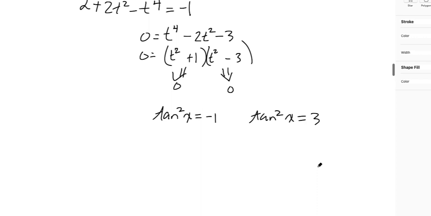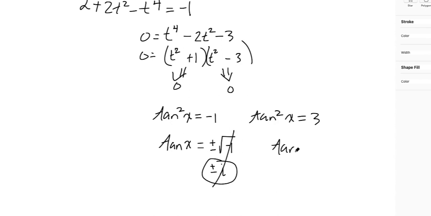And so if I take the square root, because tangent squared x is not actually a thing that I can deal with, tangent of x has to be equal to plus or minus the square root of -1. You know that the square root of -1 is i, so plus or minus i is an imaginary number, but I've never seen tangents equal imaginary numbers, especially since we're dealing with a real number plane. So this is not going to lead us to a solution.